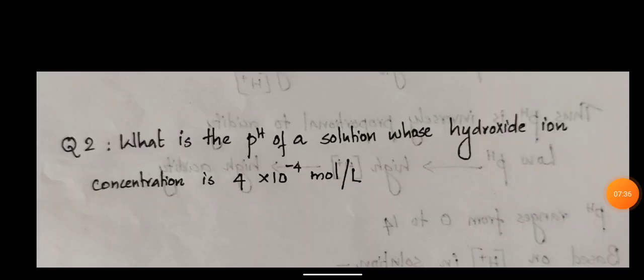So here is the next question. What is the pH of a solution whose hydroxide ion concentration is 4 into 10 to the power minus 4 moles per liter? Here hydroxide ion concentration is given. So just work it out. How will you find out H plus ion concentration from the hydroxide ion concentration?